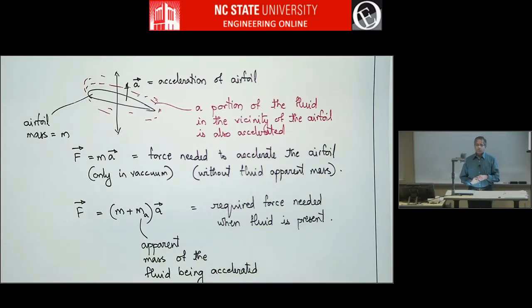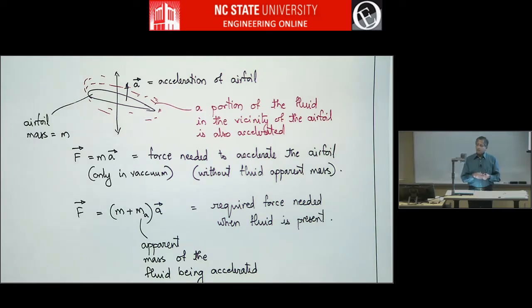But when you do motions in water, for example, submarines, when they are doing accelerations or pitching or plunging, to calculate the force correctly, you have to take fluid apparent mass into consideration because water is so much denser.